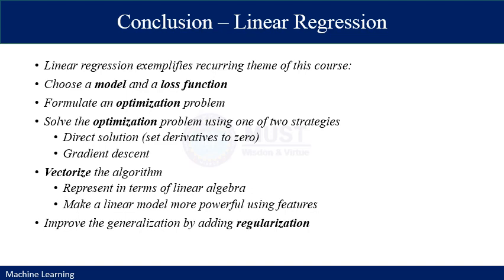Then you can use different methods to employ these techniques. For example, vectorization is one form to represent the terms in linear algebra to make the processing or representation more efficient. And then you can improve the generalization by using a regularization method.